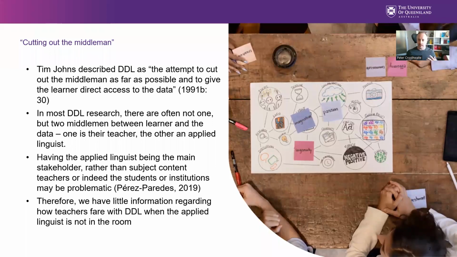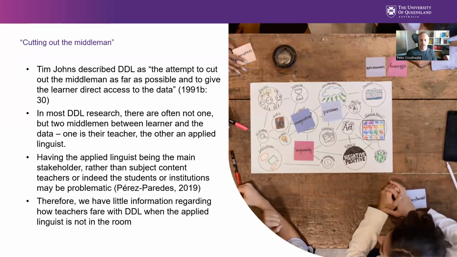The other middleman is people like myself, researchers who want to go and do good research and promote DDL, but then having a person like myself as the main stakeholder, rather than the actual teachers involved in the classroom and the students and their institutions, may be problematic.